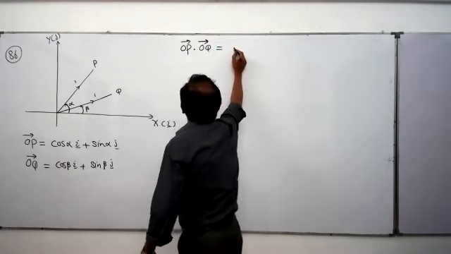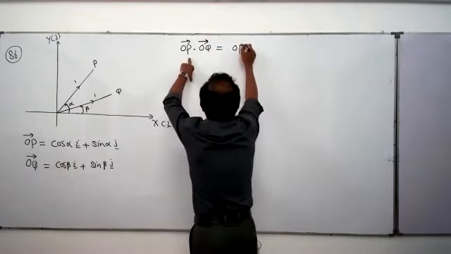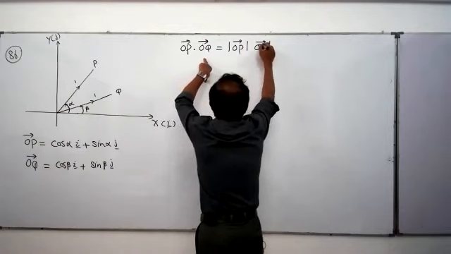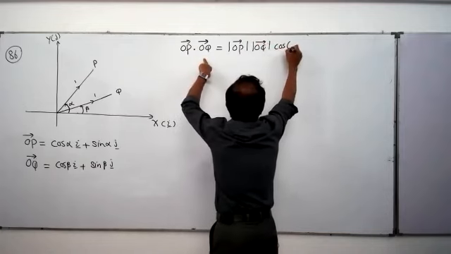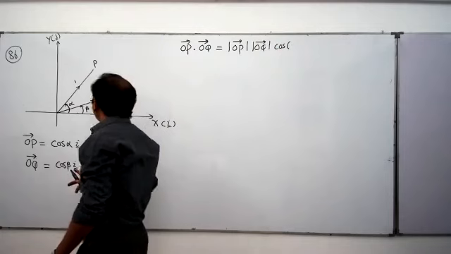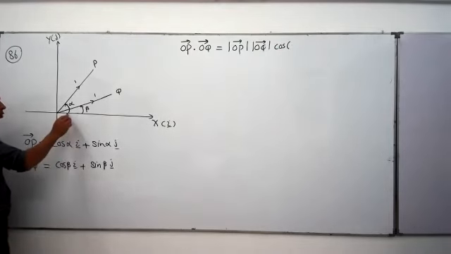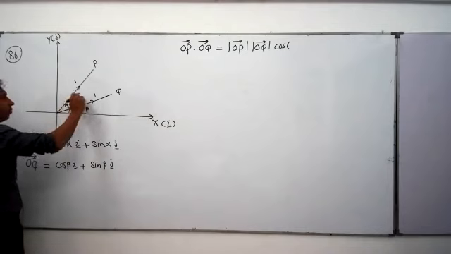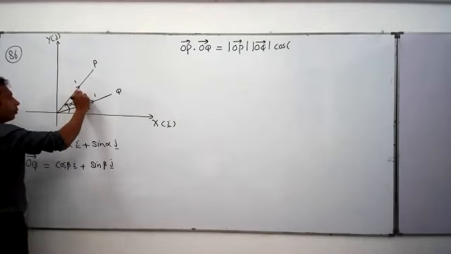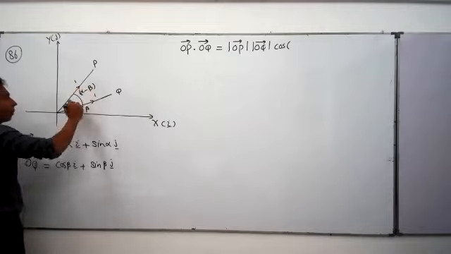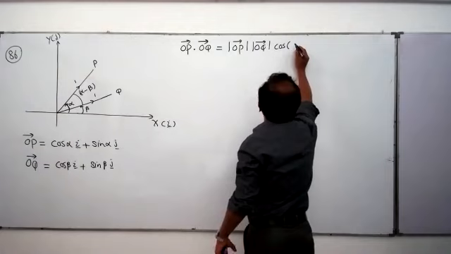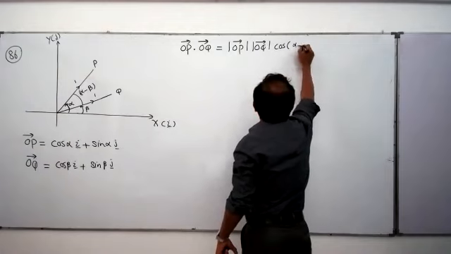Apply the definition of the dot product: OP vector modulus multiplied by OQ vector modulus multiplied by cos of the angle between OP and OQ. People, this whole angle is alpha, this angle is beta. Then what is the angle between OP and OQ? It is alpha minus beta. Then we must write OP modulus times OQ modulus times cos alpha minus beta.